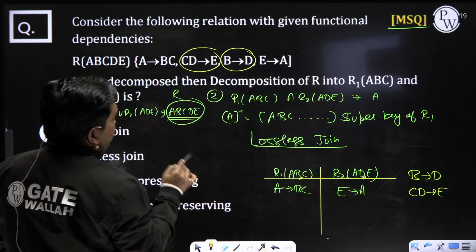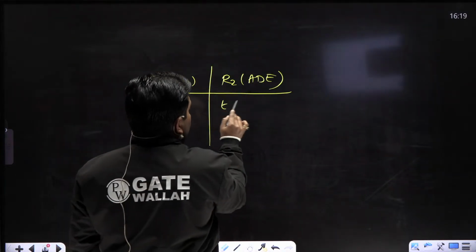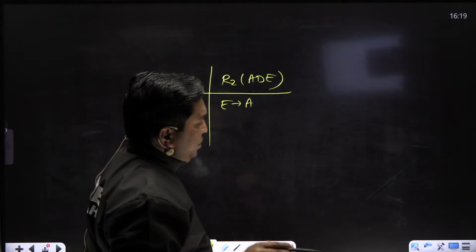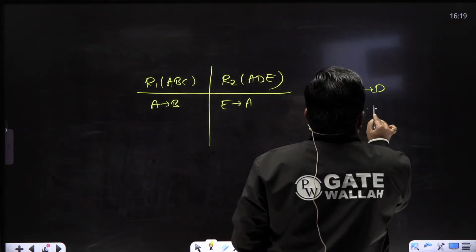In which relation is the FD satisfied? A tends to BC here and E tends to A here. Now we are discussing B tends to D and CD tends to E.